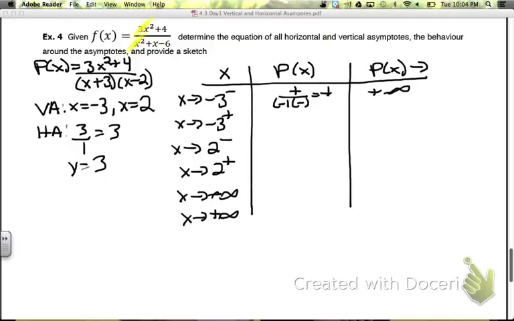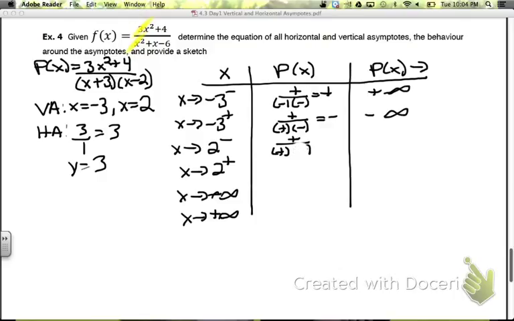Now if x is approaching -3 from the positive side, we're going to have a positive all over a positive times a negative, which therefore our function would be a negative, and therefore approaching negative infinity. As x approaches 2 from the negative side, we're going to have a positive over a positive times a positive, oh sorry, no, a positive times a negative there.